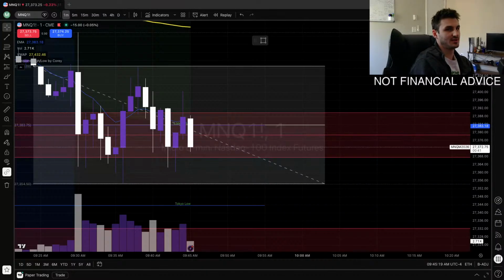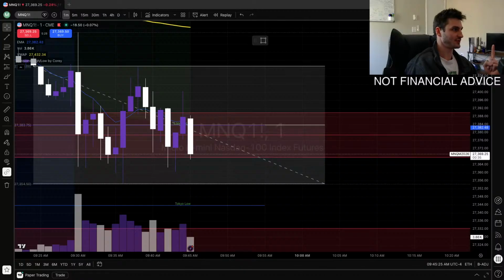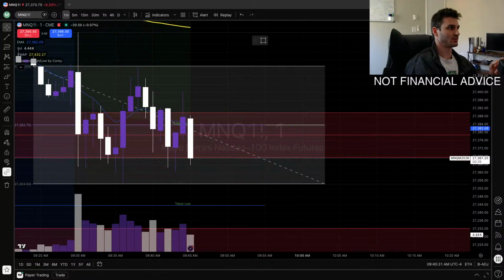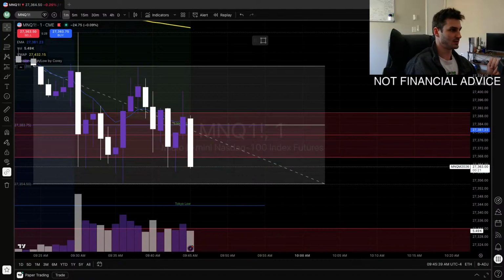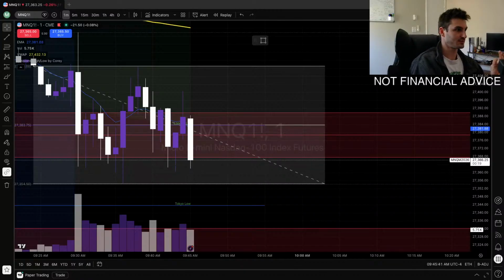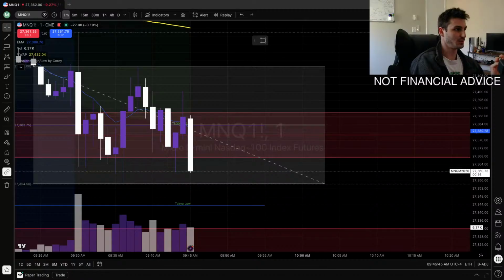Alright, let's see Asia session get taken out. Because the only problem with this zone is that yeah, it's being respected in the 15-minute, 30-minute, but I don't like how we're so wicky. So many tails, topping tails, bottoming tails. So I want to see how we react to this, because in this way, we'll actually manipulate this now 1-minute consolidation.